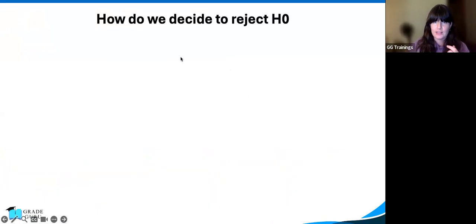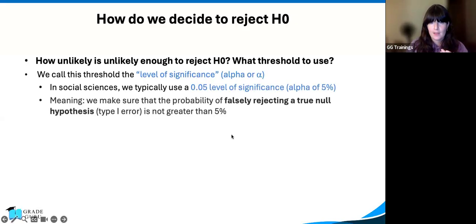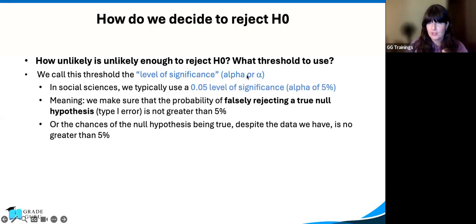So how do we decide to reject H0? What threshold do we use? At what point does it get to before we can actually say that H0 is no longer true? This is our level of significance, or our alpha, which is the 5% or the 0.05 that we're always referencing with our p-value.